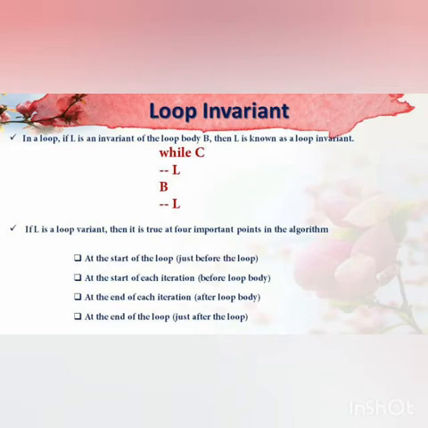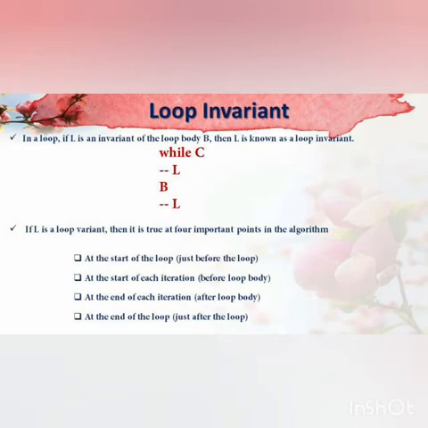While C, here C is a condition, L is the start of the loop, B is the body of the loop, and then L is the end of the loop. If L is a loop invariant, then we have to follow 4 steps. If all of these are satisfied, then that will be called a loop invariant.